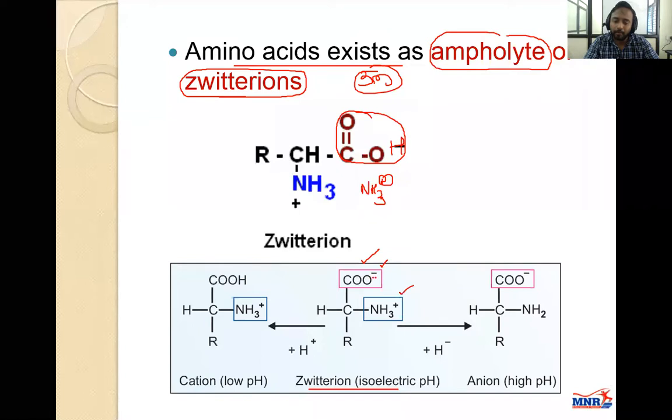You have a negative charge on the carboxy end, a positive charge on the amino end. At a particular pH, the amino acid is electrically neutral because positive and negative cancel each other.